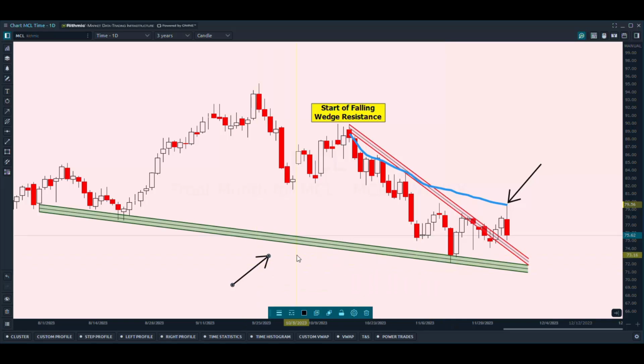The way I created the zone here was I took an original trend line connecting these two wicks we just went over, and then I used the channel tool to connect this wick here from August 24th of 2023.